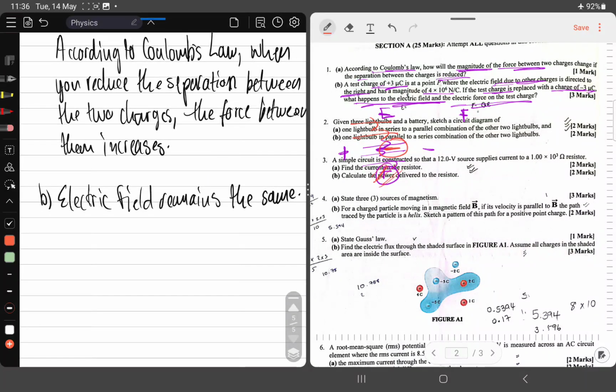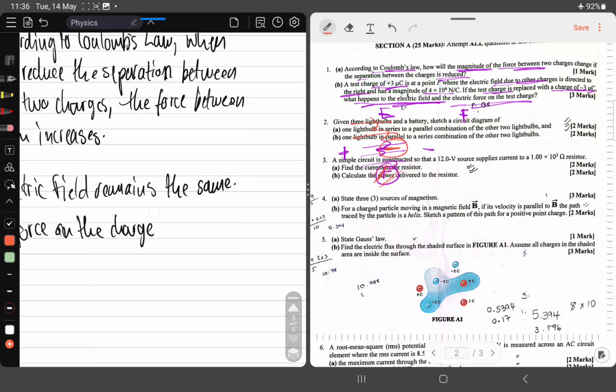Then what happens to the electric force? Now this is what happens to the force. The force on the charge changes. What happens to the force on the test charge?